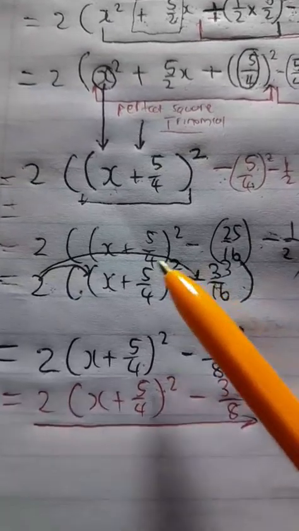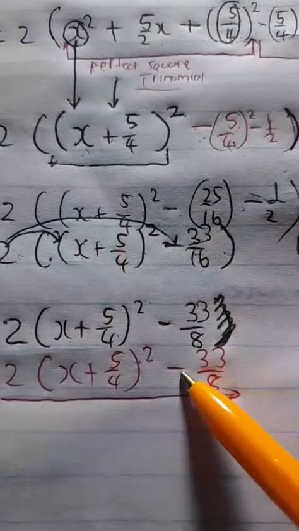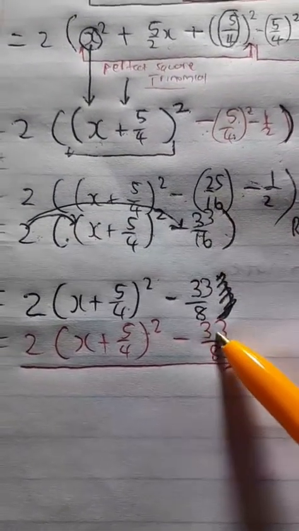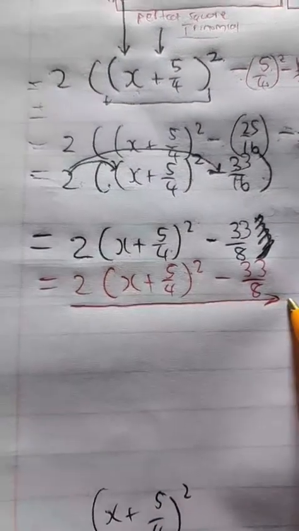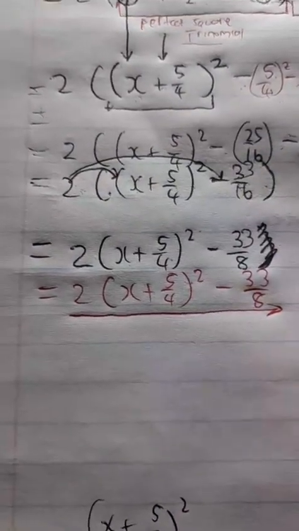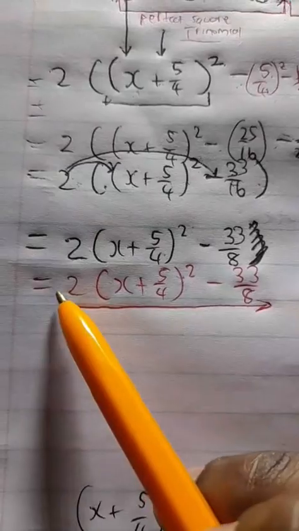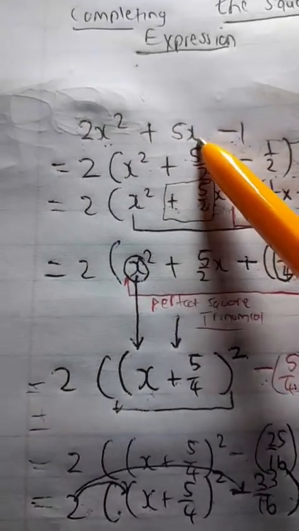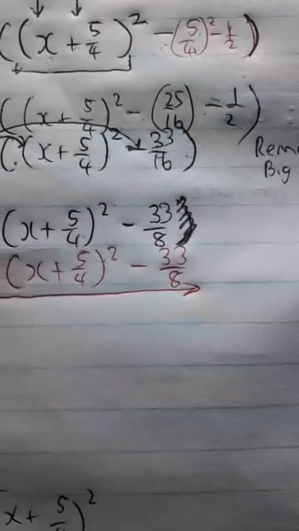You take your calculator, positive times a negative will give you a negative, and 2 times 33 over 16 will give you negative 33 over 8. This is our quadratic expression in the form whereby we have completed the square of this quadratic expression.